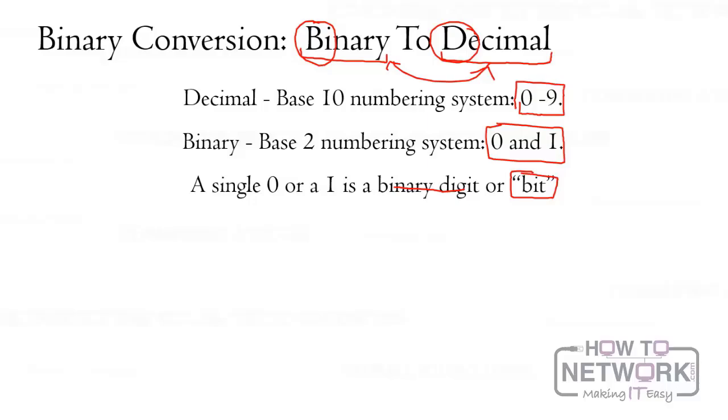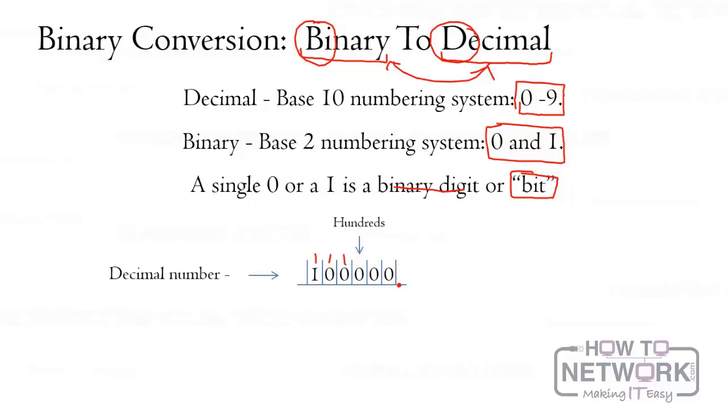So the binary number has place markers that are similar to the base 10 system. For instance, in a decimal base 10 numbering system, the second place mark designates the tens. If we imagine that there's a decimal point right there, the third designates the hundreds, and then we move to thousands and ten thousands and hundred thousands and so forth.